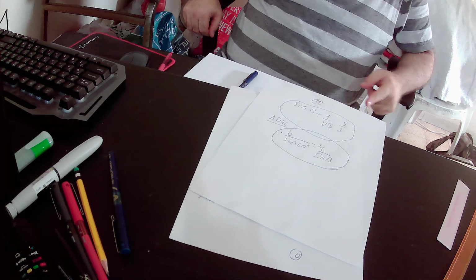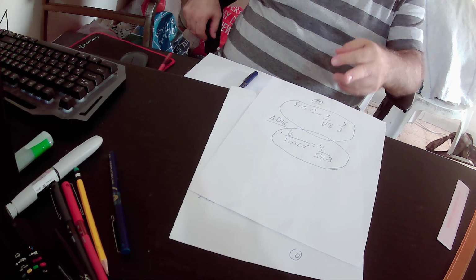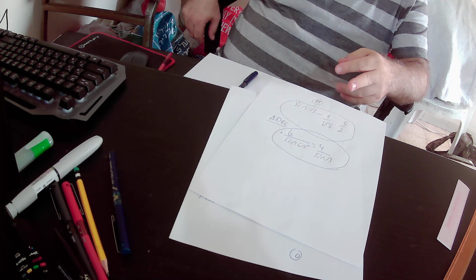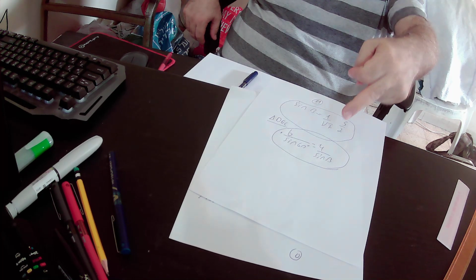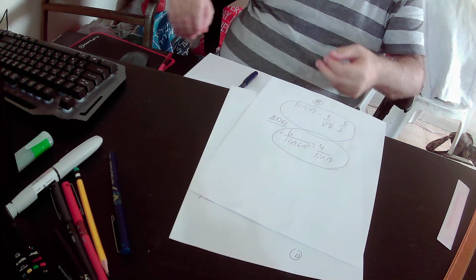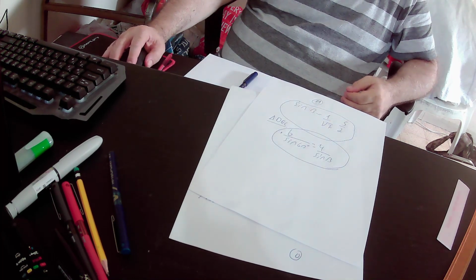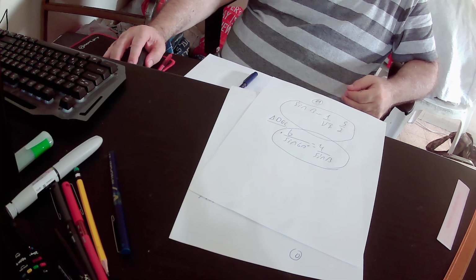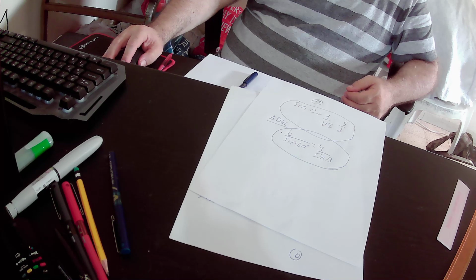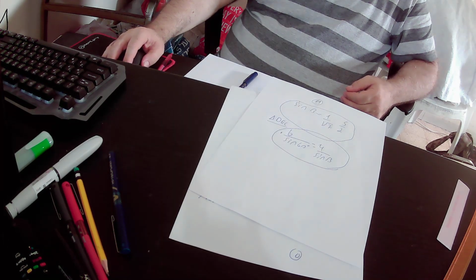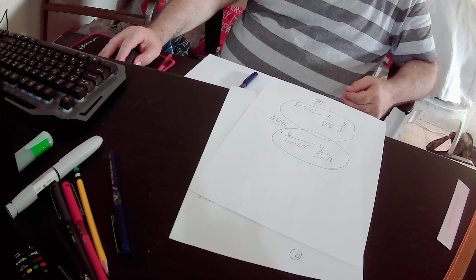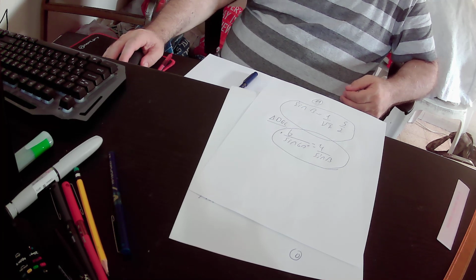But we know the value of sin beta. We have already found out the value of sin beta, so we can put in this expression the value of sin beta, and sin 60 degrees equals root of 3 over 2.